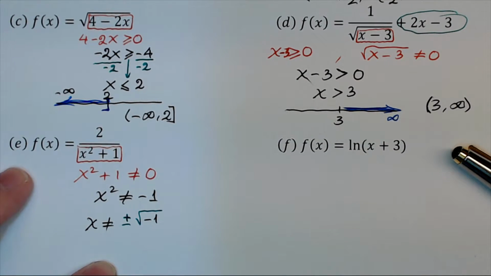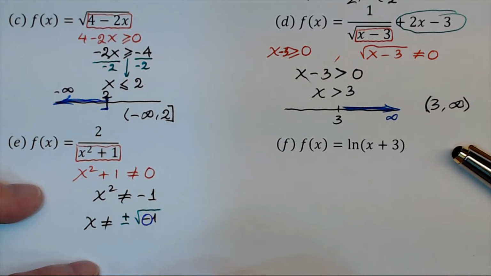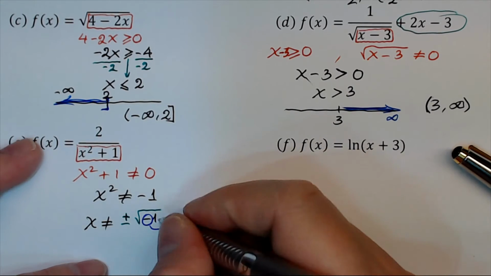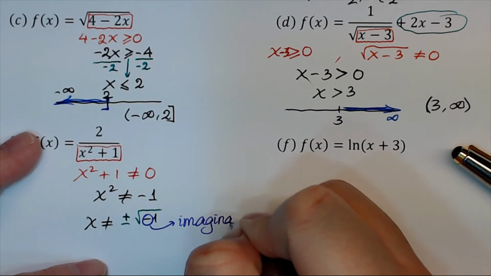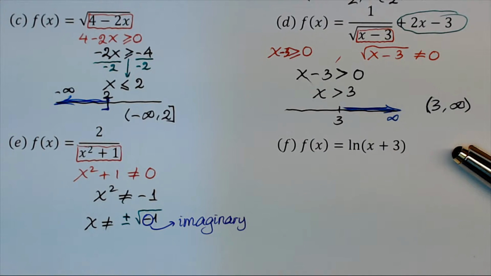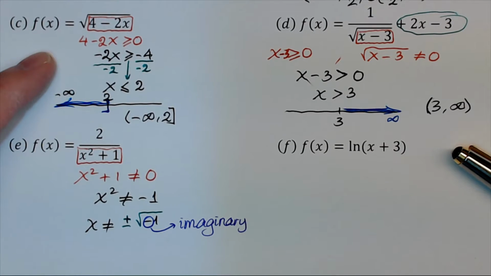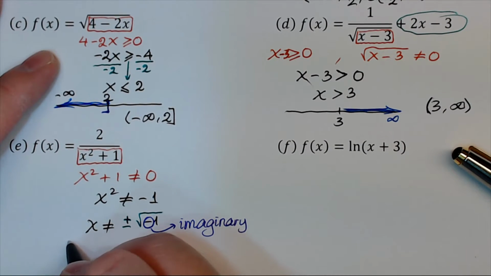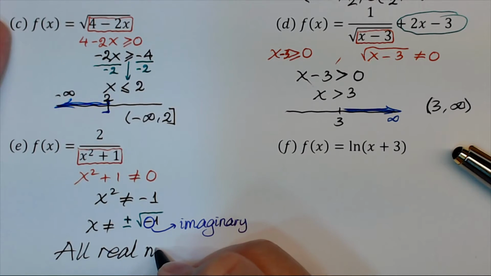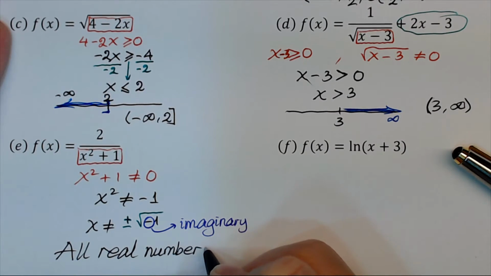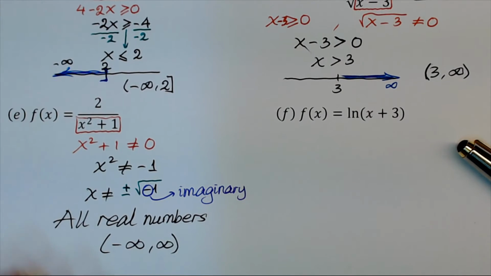The problem with this is we have a negative inside an even root, so that is imaginary. So x is different than imaginary numbers, meaning all the real numbers are acceptable. So we just say all real numbers, negative infinity to infinity.